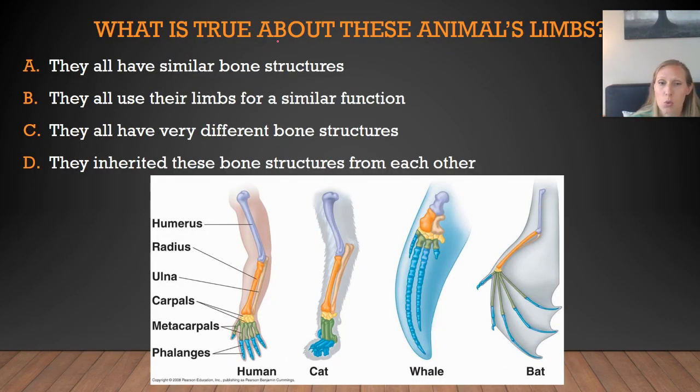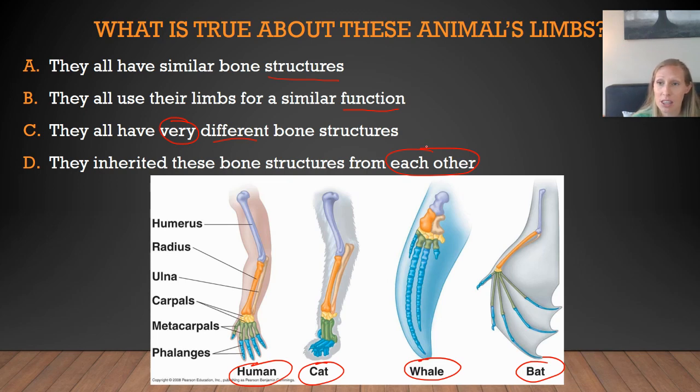So here's a question. What is true about these animals' limbs? So here we're looking at, again, a human, a cat, a whale, a bat, and they're color coded. They all have a similar bone structure. They all use their limbs for a similar function. They all have very different bone structures, or they inherited these bone structures from each other.